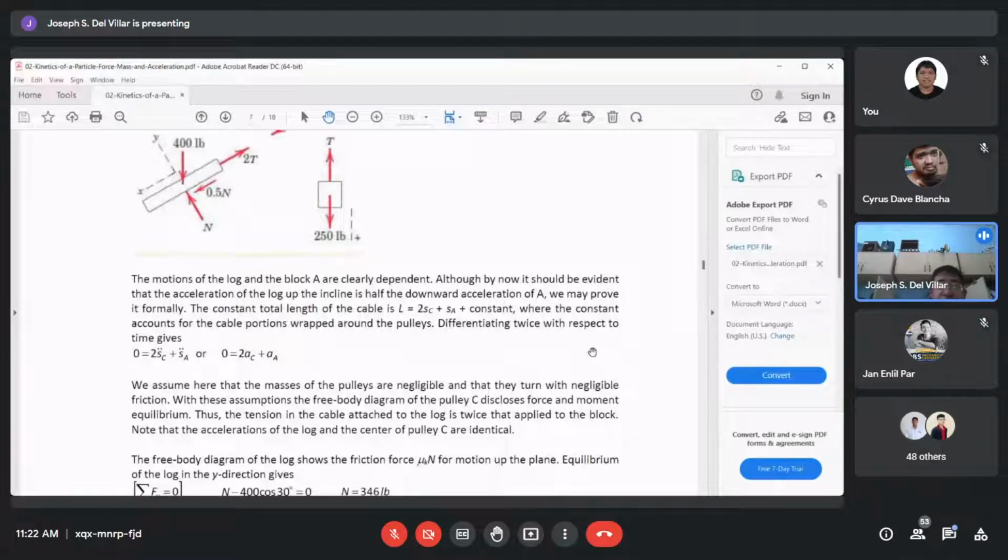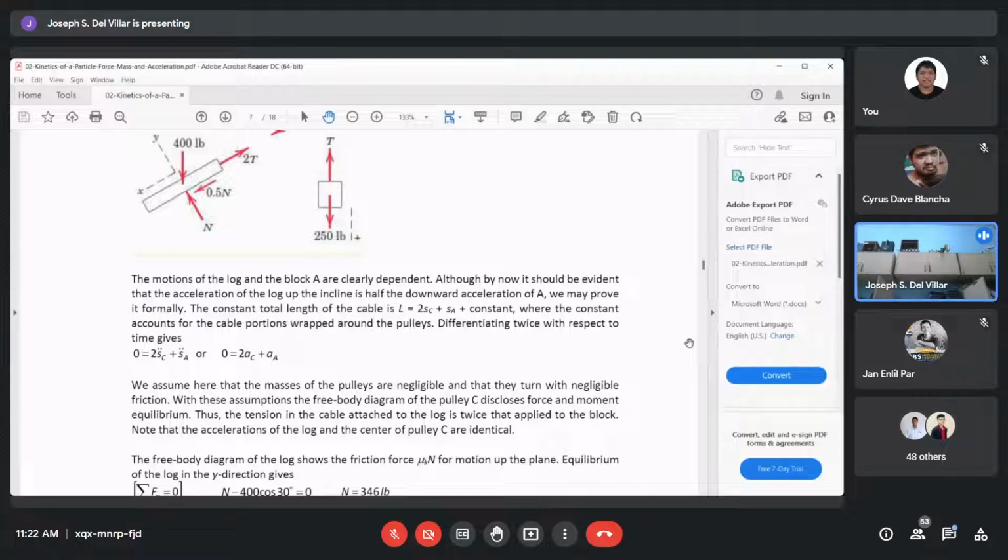Now, differentiating twice, meaning we differentiate twice with respect to time. Because it is distance, to get the acceleration we differentiate the distance twice with respect to time.